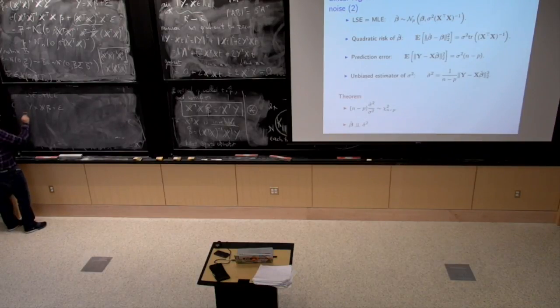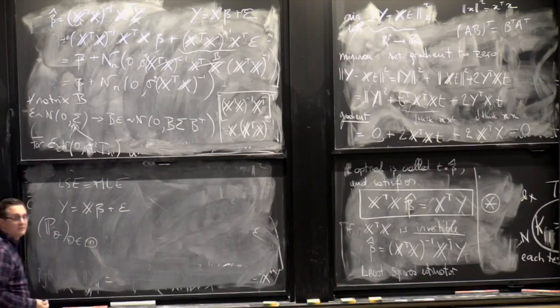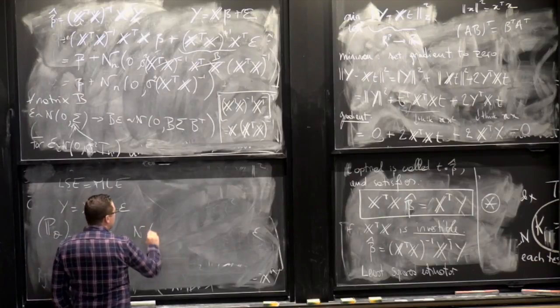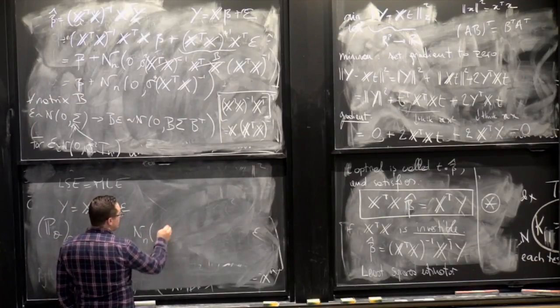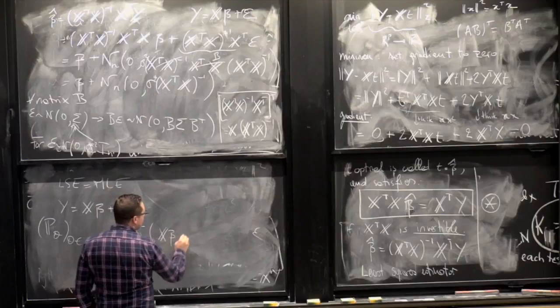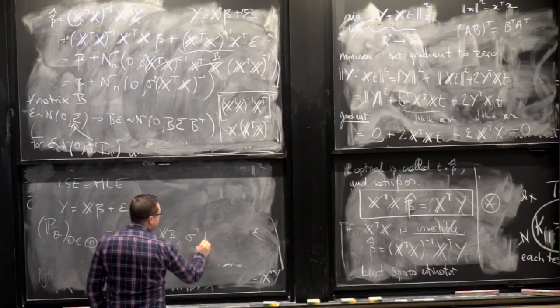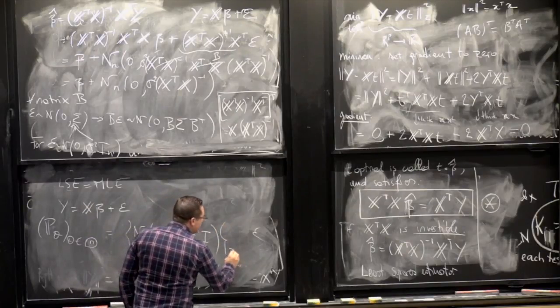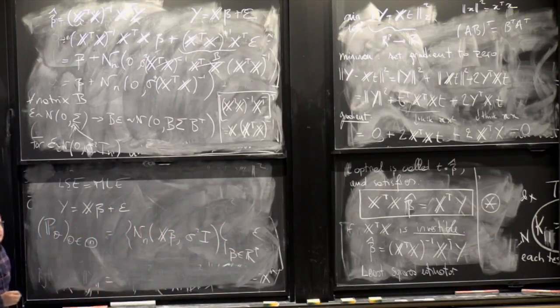So what is my model here? Well, it's the family of Gaussians on n observations with mean X beta, variance sigma squared identity, and beta lives in R^p. Here's my family of distributions, the possible distributions for y.